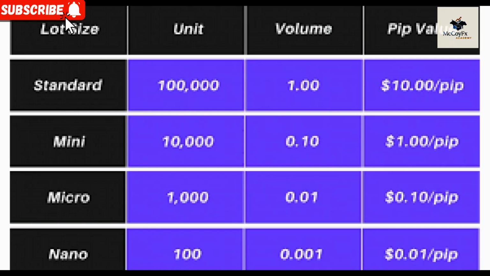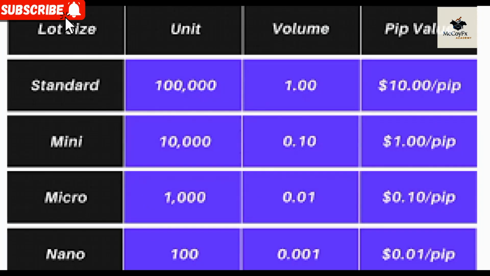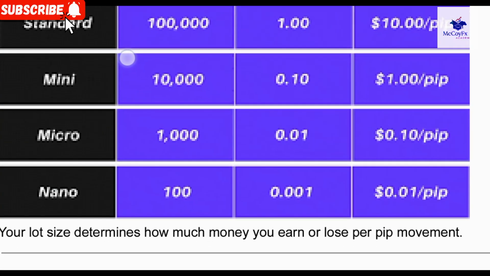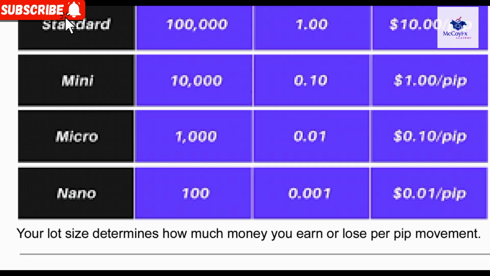When we go to the micro, we have 0.01. The value is 0.10 per pip. So when the price moves a pip, that will cost you 0.10 cent. When it comes to the nano lot, which is not available on most brokers, that will cost you 0.1 cent per pip.